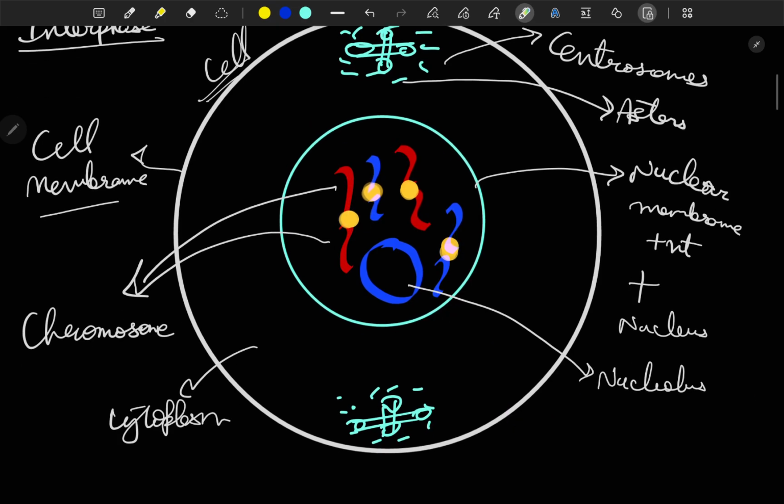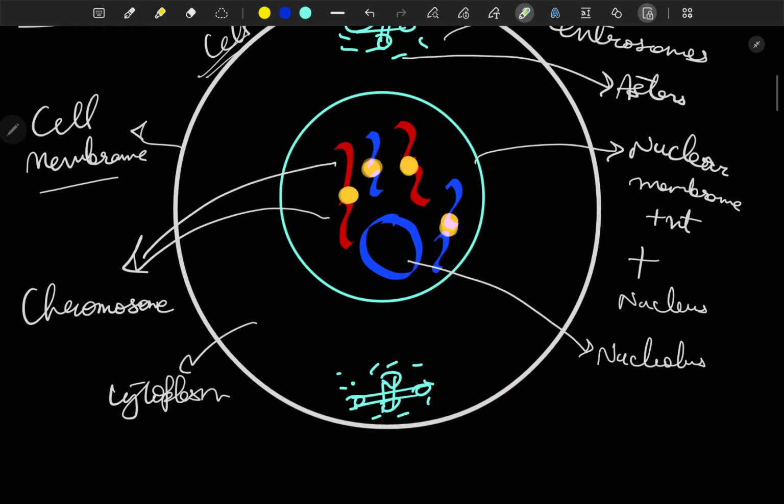At this stage, I have colored one homolog red and the other homolog blue. I told you about homologs in the previous video. Homologs are the pairs of chromosomes, one from each parent, which have the same size and shape and carry the same genes in the same location, but can have different versions of alleles of these genes.